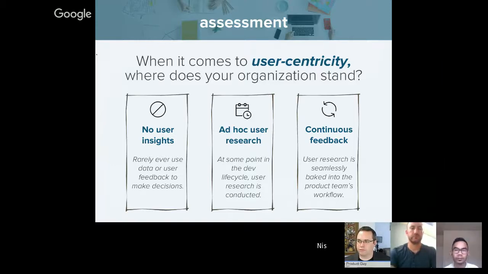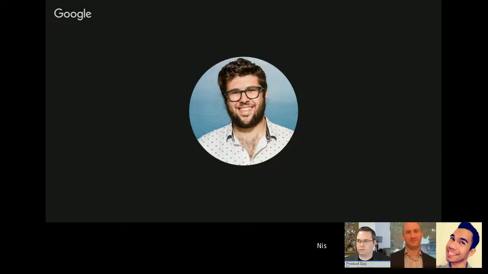And then whenever you read anything, whether it's listening to this talk or reading a book about design sprints, make sure that you're not just reading it in a vacuum, but you're assessing it in relation to where your organization currently stands. Why I think this book, Sprint, by Jake Knapp, who works at Google Ventures, has taken off so much is because I think most organizations are in that middle section, the ad hoc user research.